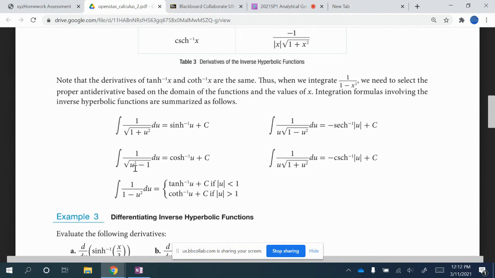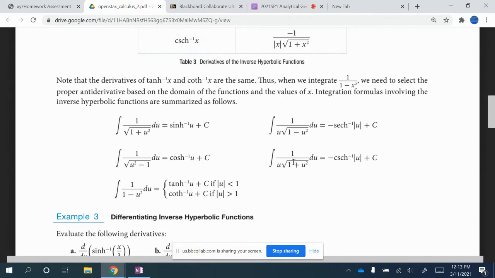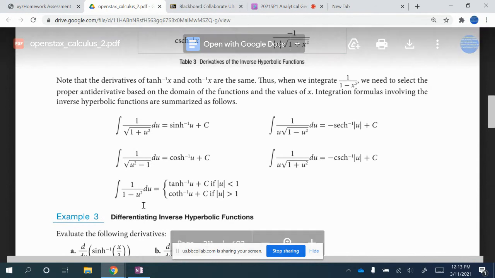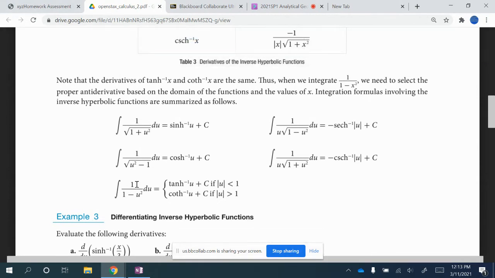In the second one, we have the square root of u squared minus 1. For these two formulas, we have radicals in the denominator. However, for this formula, I'm going to jot this down. We don't have any radicals in the denominator.